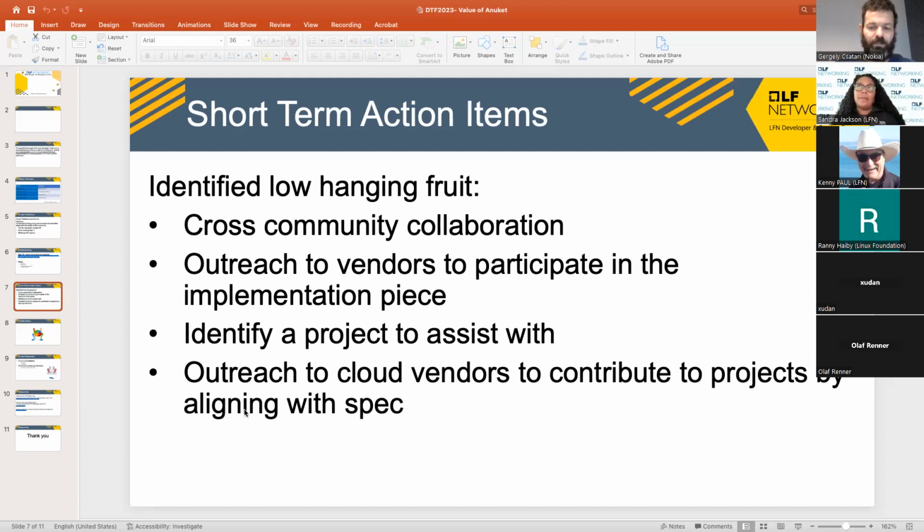But the main problem here is that without the buy-in from these big cloud vendors and making their implementation compliant with the specification, there is no real benefit for CNF vendors to comply with the specifications, because we need to be compliant with all the other things also.